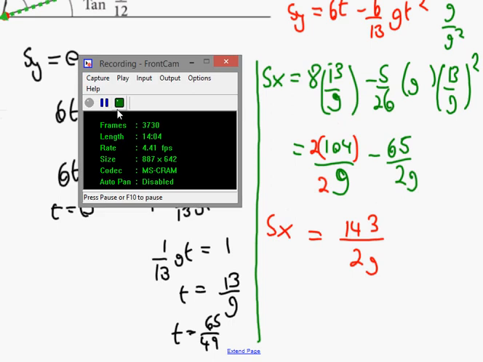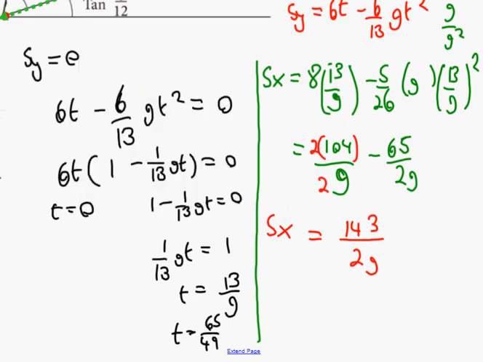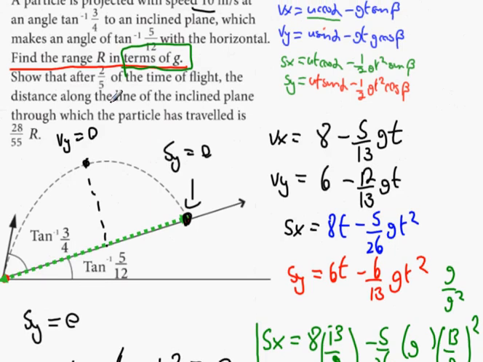Continuing on with this, it says show that after 2/5 of the time of flight, the distance along the inclined plane. What does along the inclined plane mean? An sx distance. Not above the inclined plane, along the inclined plane. Find the sx distance at t equals 2/5 the time of flight.